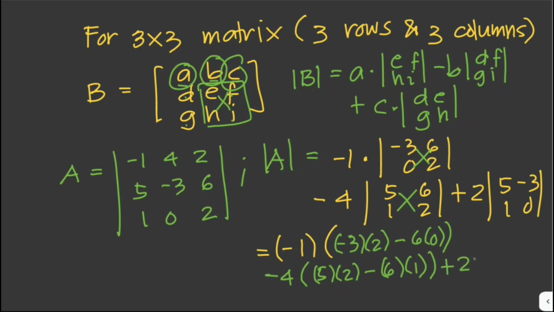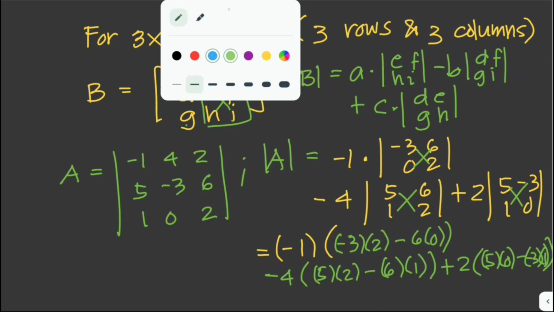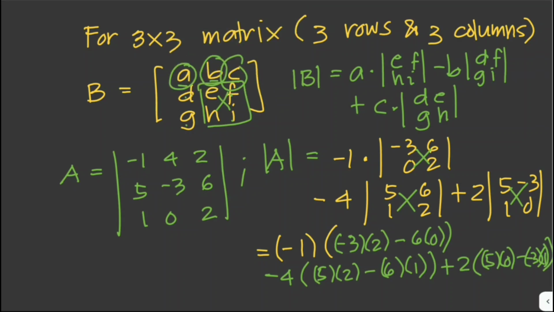Then plus 2 times this one: 5 times 0 minus -3 times 1. Let's calculate this one.